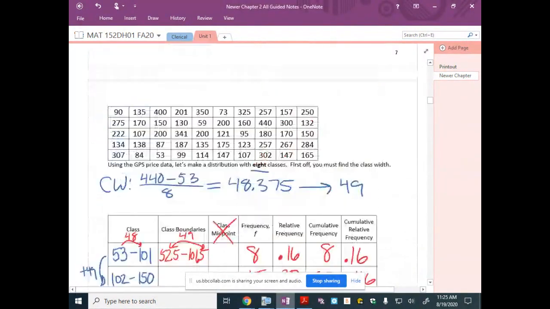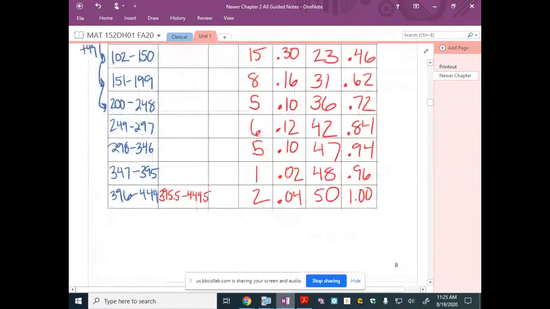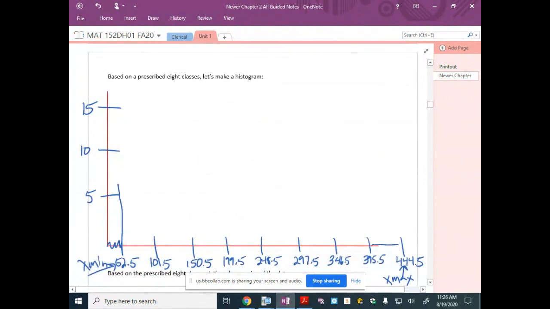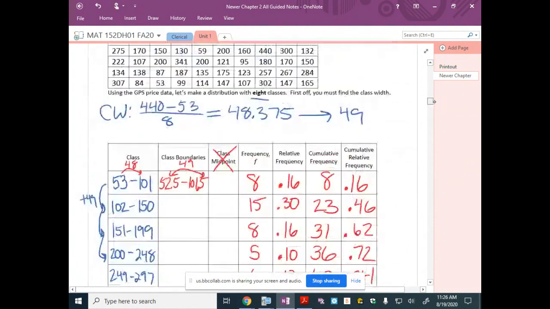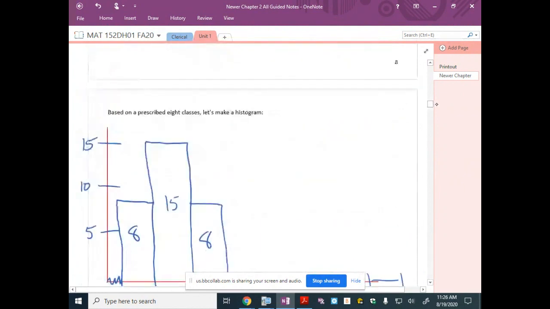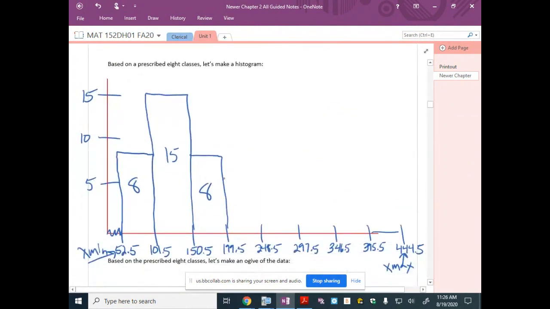So let's see, between 52.5 and 101, there were 8, and then 15, and then 8, 5, 6, 5, 1, and 2. So that's how you make a histogram.